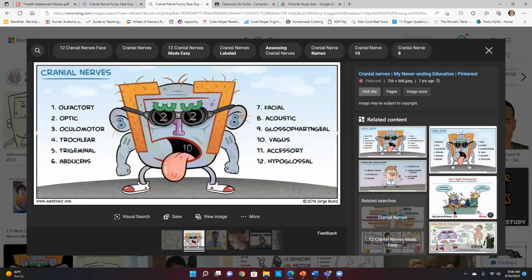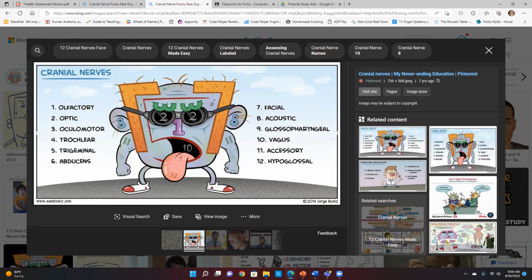I like this picture also, the cranial nerve muscle guy, because it actually lists each of the nerves. So one, the nose, olfactory, makes sense, your sense of smell. Two, three, four, and six are all around the eyes, and that deals with your six cardinal directions of gaze.